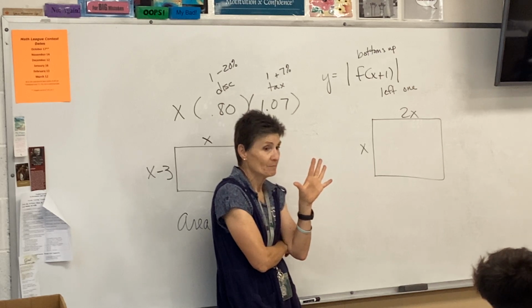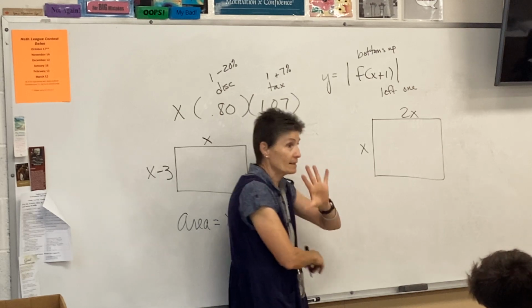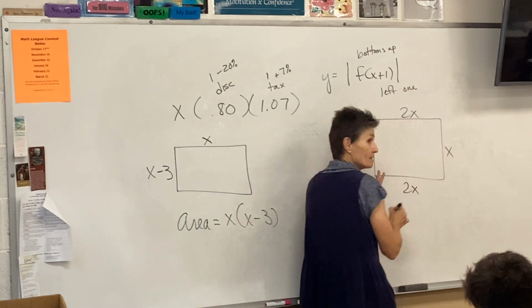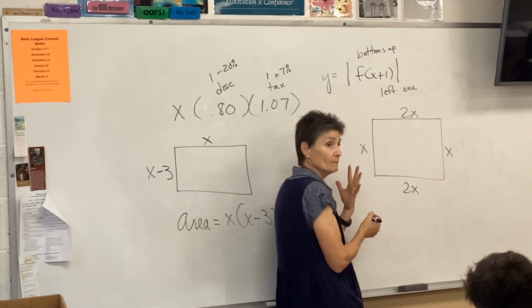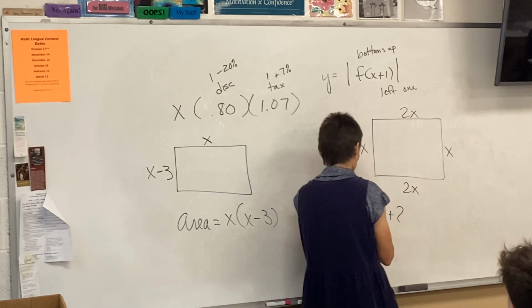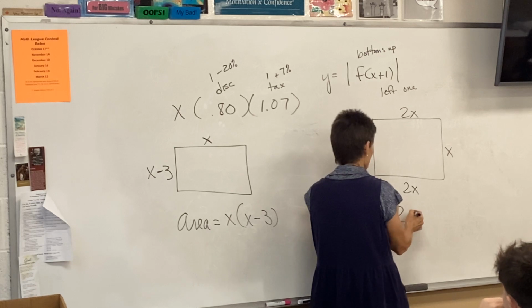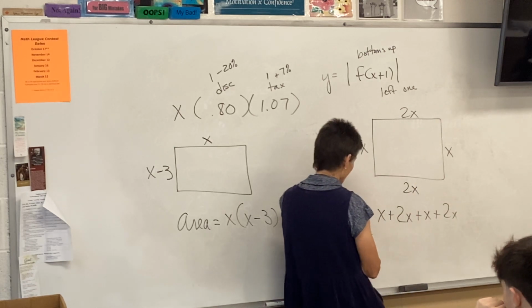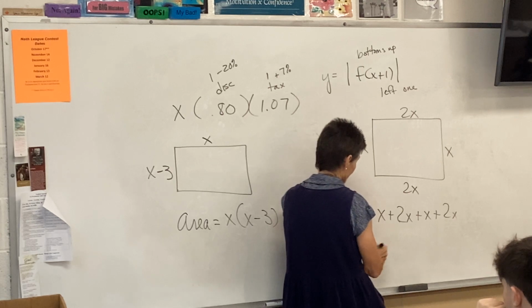Perimeter means all around, right? So if that's an X, and this is a 2X, it's a rectangle. So we're going to add them all up. So perimeter equals X plus 2X plus X plus 2X. I think I can add those all up. So what's my perimeter? 6X.